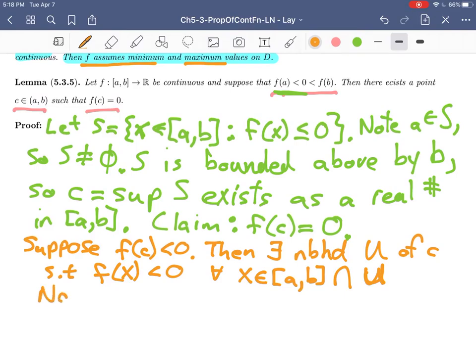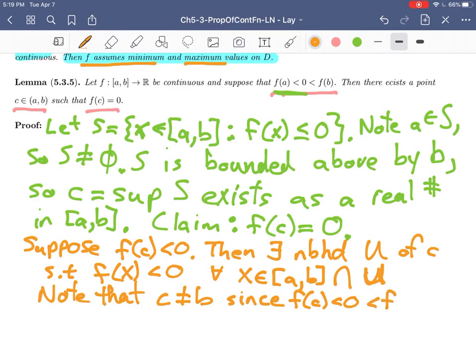Note that this choice of c is not equal to b in this setting, since f of c is less than 0 and f of b is more than 0.